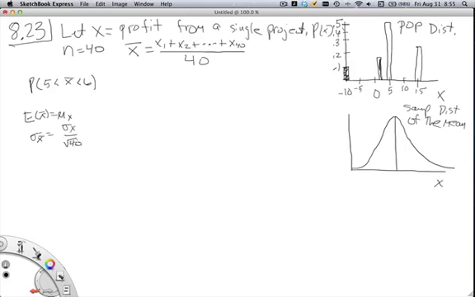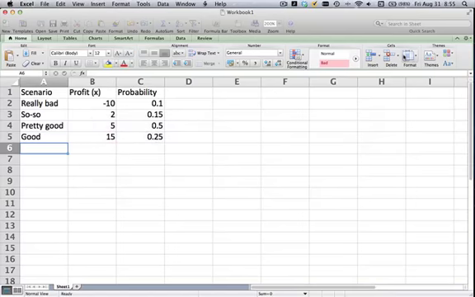So that's root 40. So whatever the standard deviation of this distribution is, divide that by root 40 and we get the standard deviation of this. So how do we find the standard deviation and mean of this distribution? Well, we have to go back to the first section in chapter 7. Let's go over to Excel. And so we need to use Ed's table to find the mean and standard deviation.